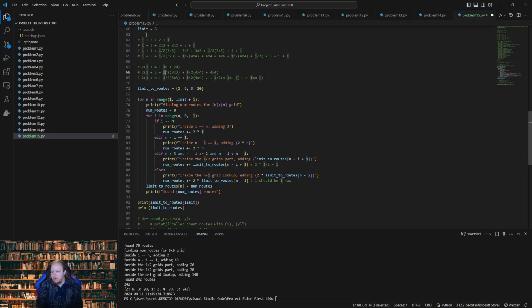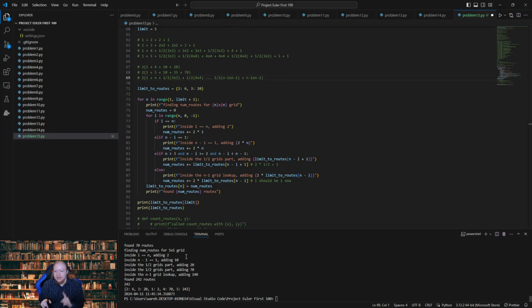So 1 plus 5 plus 10 plus 35 plus 70. So if our formula is correct, we should be getting 2, then 10, then 20, then 70, then 140. So 2, 10, 20, 70, 140. I can't promise that's the correct answer for reasons I think are obvious.